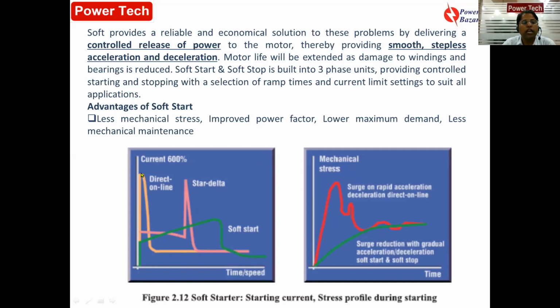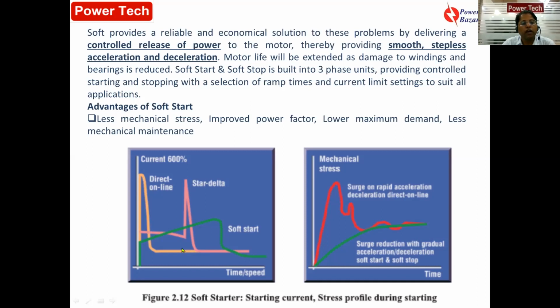The current will increase to 6 times, then again it will fall. So you will get a mechanical stress here. Now let us go for star delta. Here the starting torque is limited. In the starting condition, I'll employ star. In the running condition, I'll employ delta. But again, current will go up.